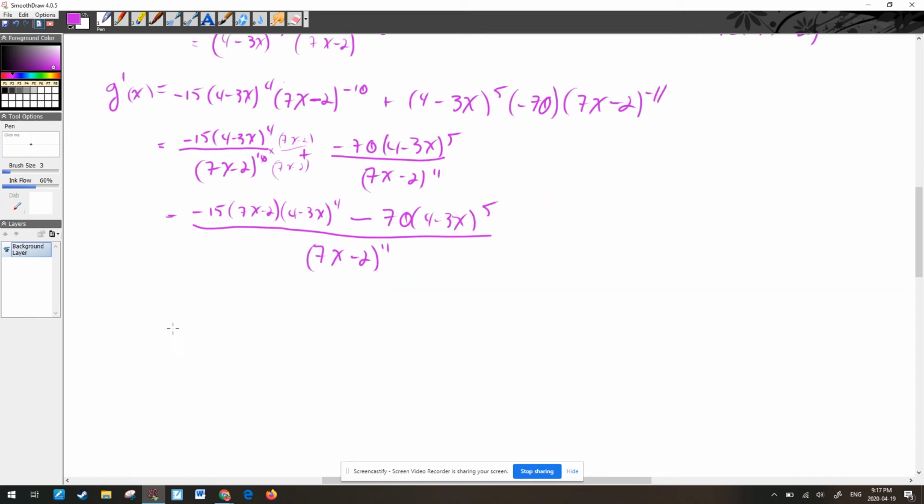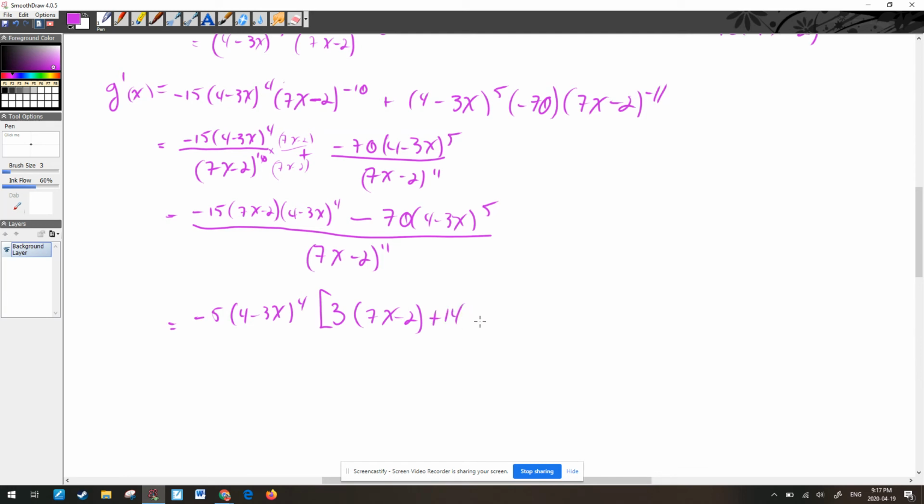Okay, so do some simplification here. I'm going to greatest common factor. So greatest common factor of negative 15 and 70 is, I guess, going to be negative 5. And then, well, there's no 7x minus 2 over there, but there is 4 minus 3x to the fourth in common between both of them. So 4 minus 3x to the fourth. And I'm going to greatest common factor that out. So negative 15 divided by negative 5 is 3. There's still that 7x minus 2 hanging around, so 7x minus 2. The 4 minus 3x to the fourth, they're all gone. Negative 70 divided by negative 5 is going to be positive 14.